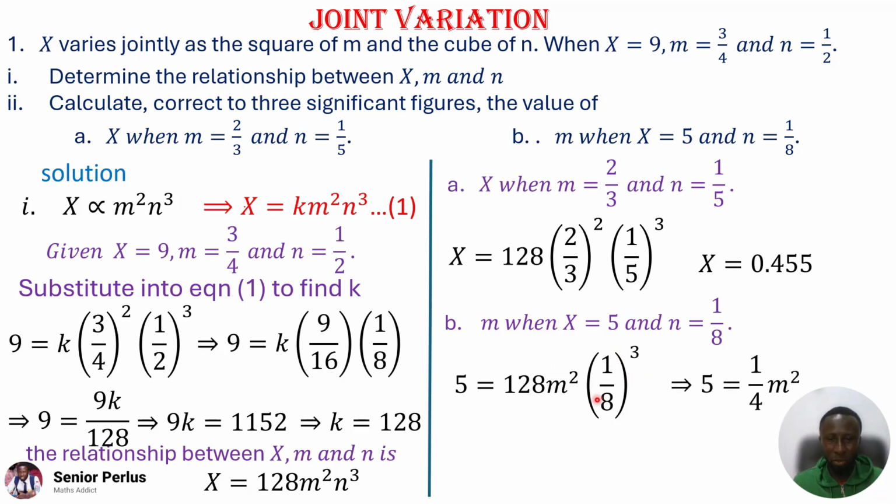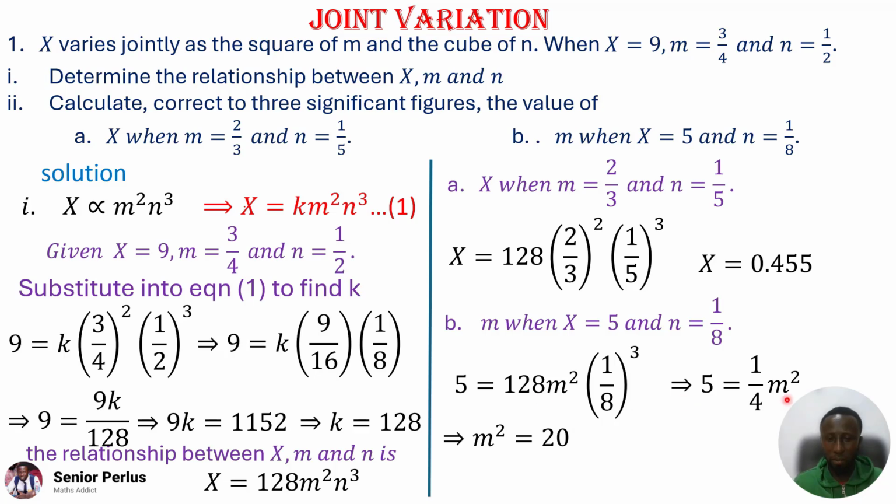So this one, 1 square is still 1. Then 8 square, 8 cube, 1 cube, and 8 cube. You get your answer. Then you move the denominator. Good. So 8 cube, then this one goes here.